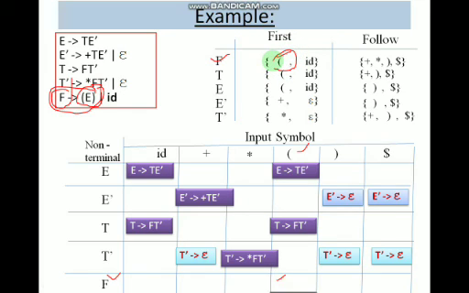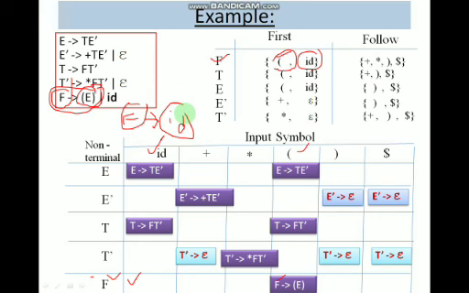Now for id, where is id? This is id and this is the row corresponding to F. So at this location we fill F producing id, because first of F equals first of id. It is very simple.